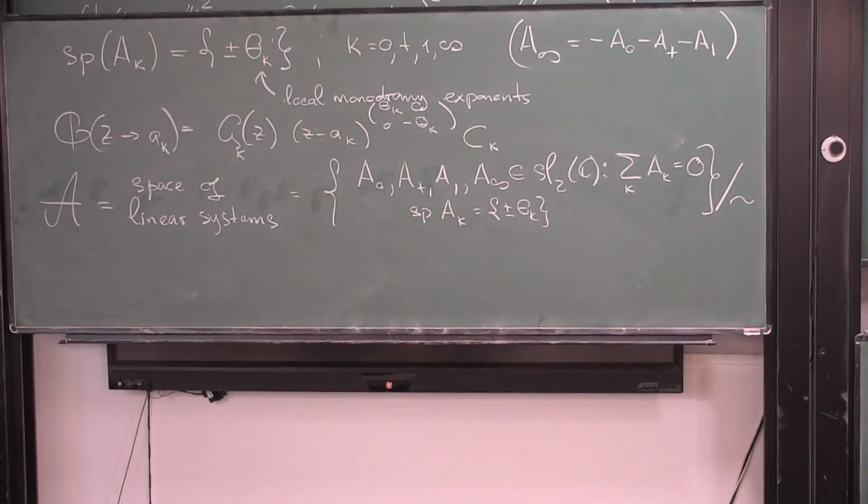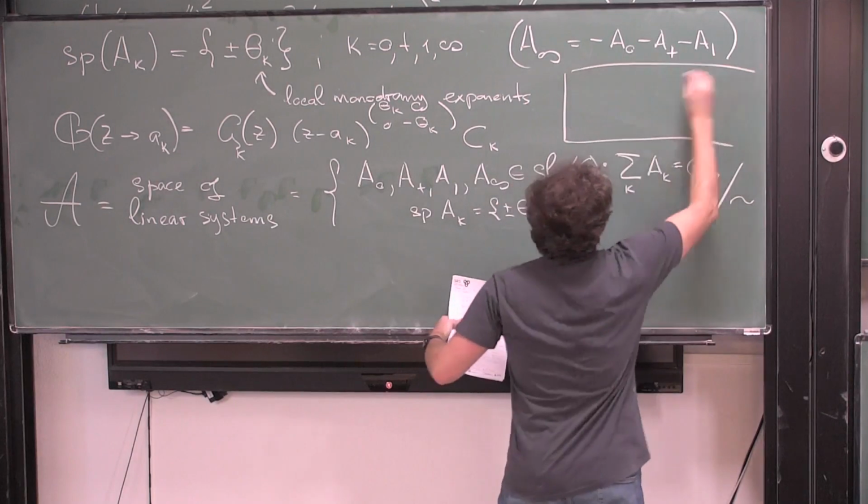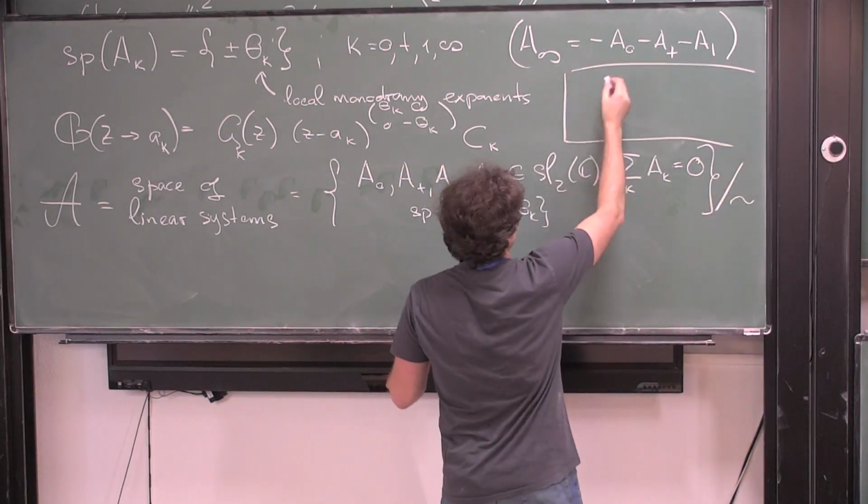I'm sorry, question. Can theta_k be equal to 0? It's better for them to be non-integer. Okay. This is a subtlety which maybe I can comment on later.